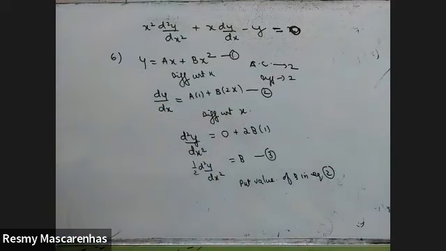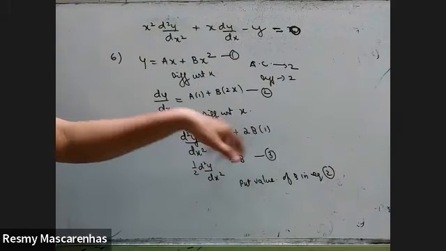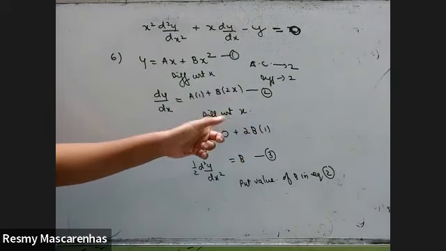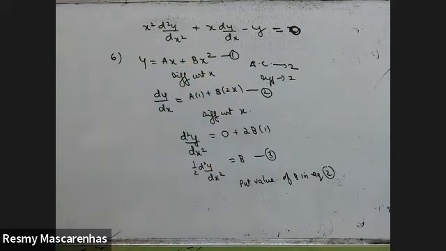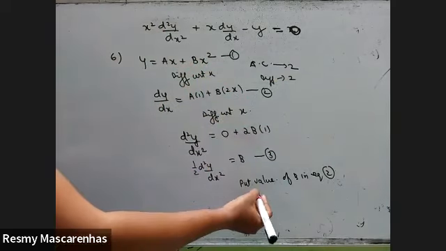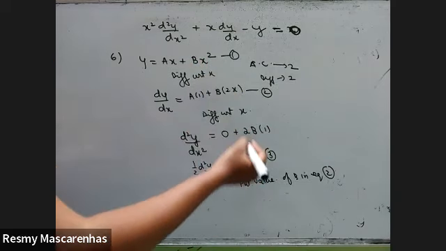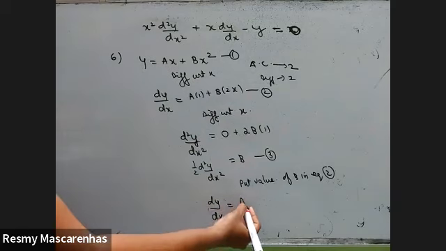Because my final answer should not have a and b left. Now here what has happened, value of this b is left. I want to get rid of this b by doing some substitution because I cannot differentiate more than 2 times. In equation 2 I'll put it, what will it become?